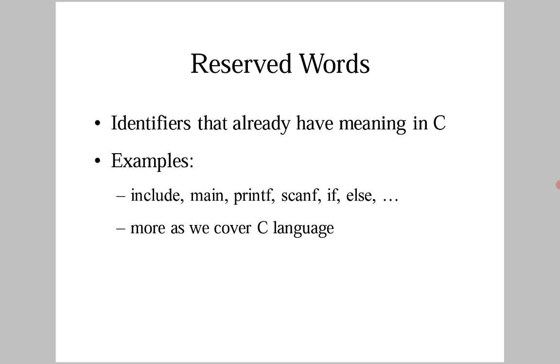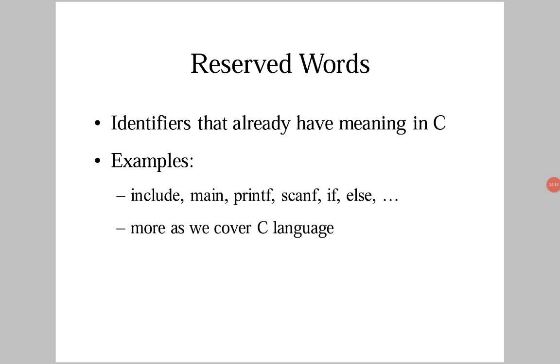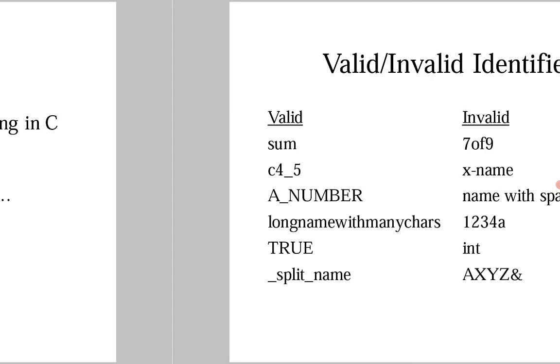Examples of reserved words or keywords include main, printf, scanf, if, else, etc. All these are called reserved words or keywords, and they have some specific predefined meaning, so they can't be used as a regular variable.